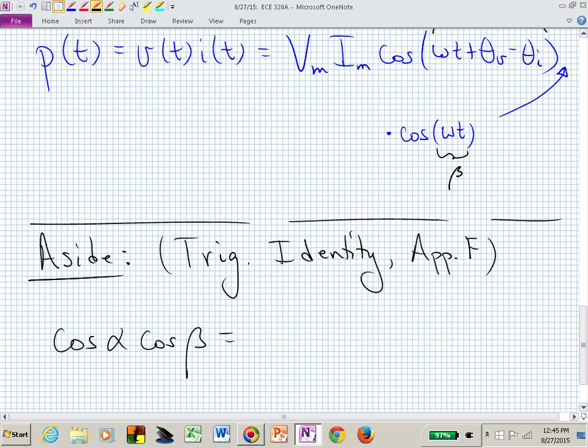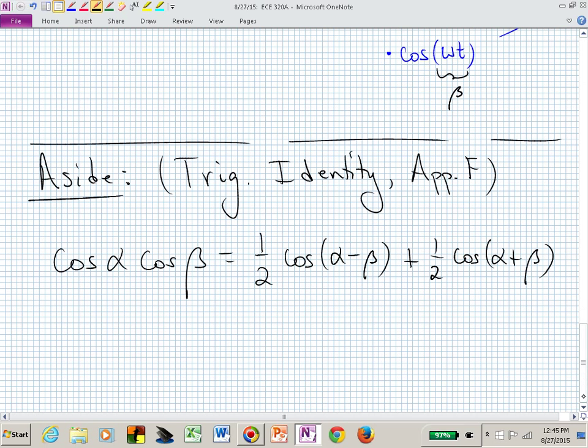And if you don't remember, that's 1/2 cosine alpha minus beta plus 1/2 cosine alpha plus beta. And tonight, if you wanted to prove or verify that to yourself, sit back, put your feet up, and apply Euler.